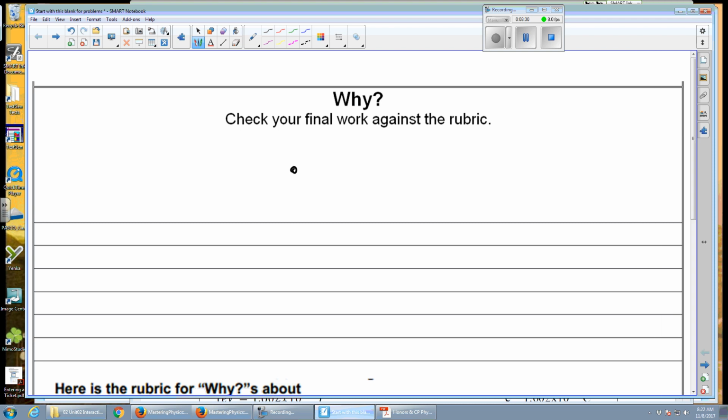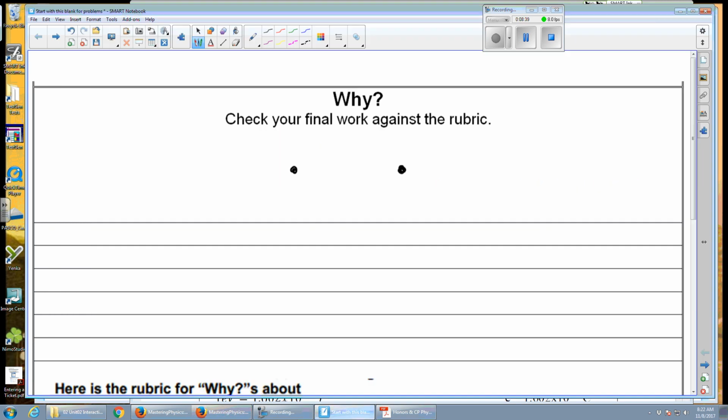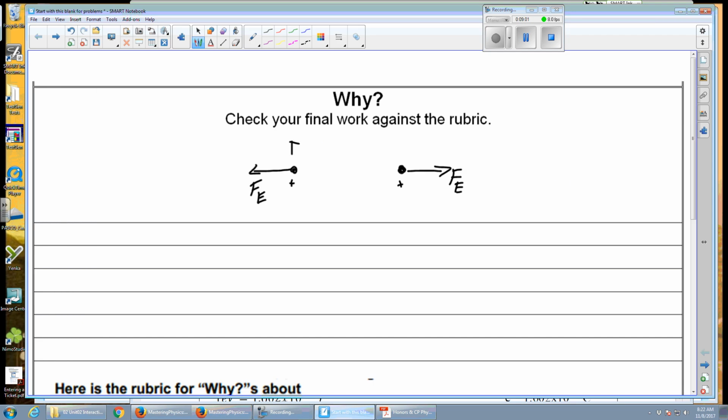Because you've got a charge here and a charge here, and they're both positive, which means they're going to have an electrostatic force on them outwards, and those two are part of a force pair, and then they tell me my separation, 0.270 meters.